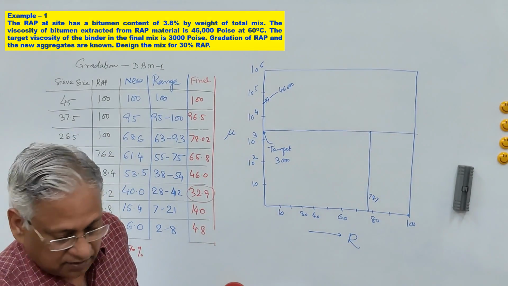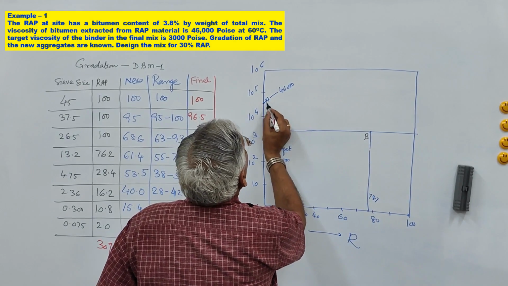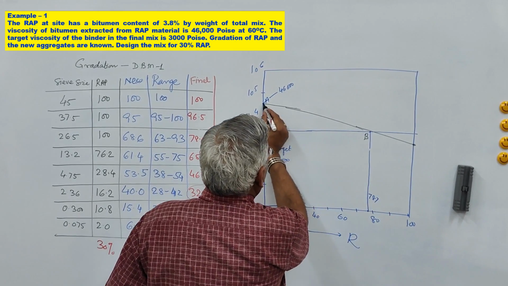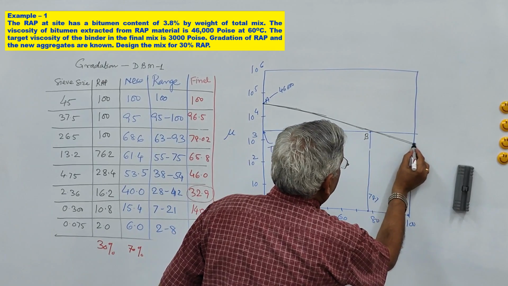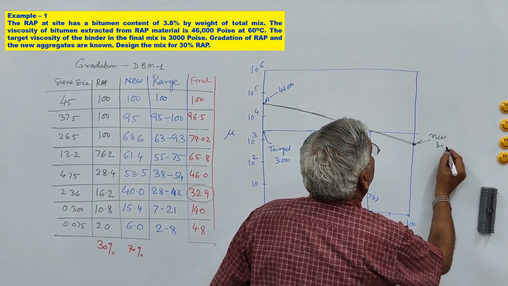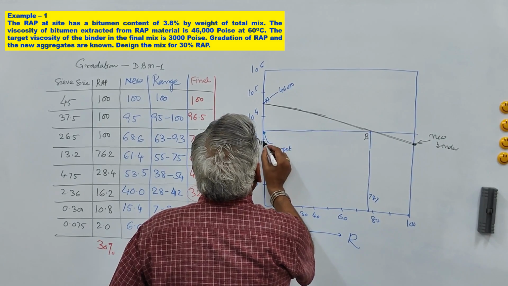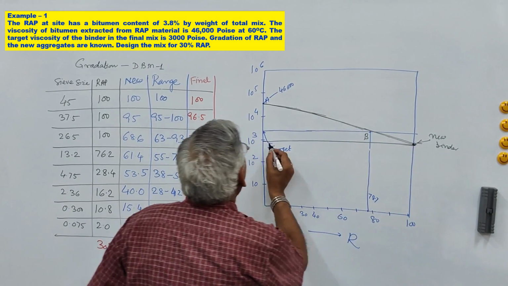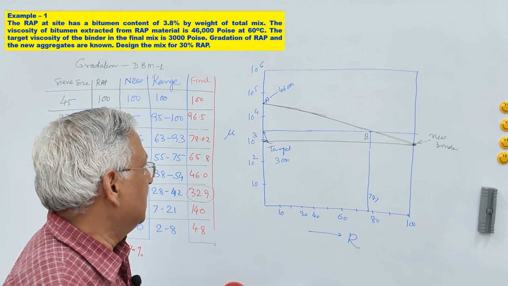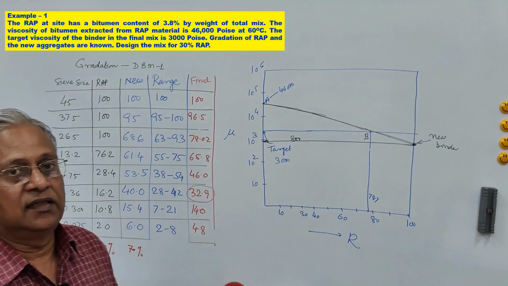And let us say this point is B. If you join these two points A to B and extend this line to meet this axis here, this is the viscosity of new binder. Say 800. You get the viscosity of new binder 800 poise at 60 degrees centigrade.